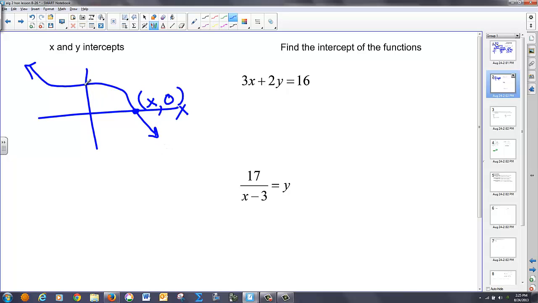And any y-intercept within its point will have some unknown y value, but its x value will always be 0.